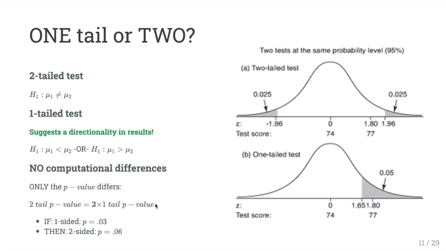Now we've talked about one-tail or two. We've talked about a two-tailed test, which is this one, a one-tailed. Now, a one-tailed test, what we're saying is we know the direction of the results.